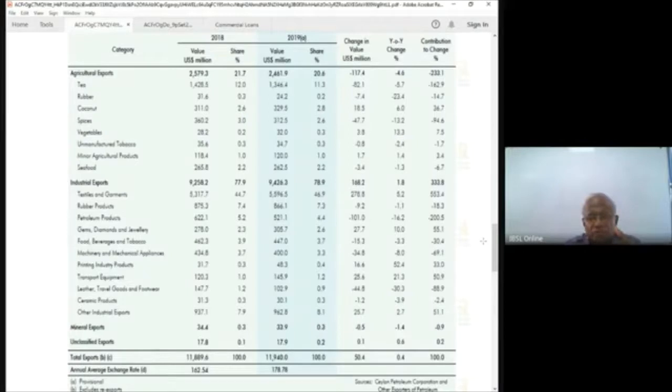Mineral exports, 34.4 to 33.9, a small drop, 0.5. Right. Okay. Now we'll go to this, the credit side of the trade account, exports 11940, then imports.